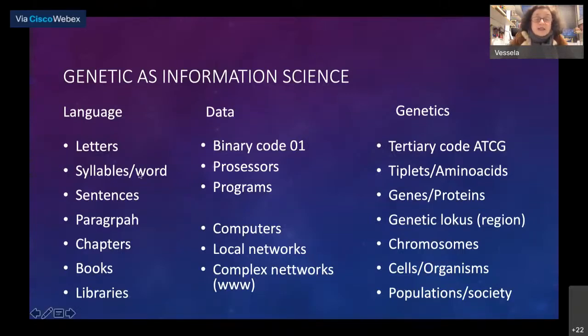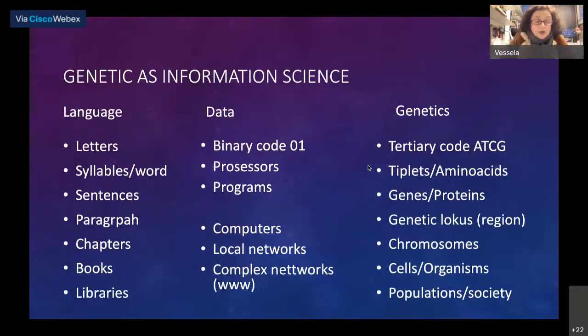Letters are organized in syllables or words so that we can pronounce them, or compose a message, and in data, the message is integrated into processors. In genetics, we have triplets, which code for specific amino acids, the exchange bit between genetics and the real biochemical world.